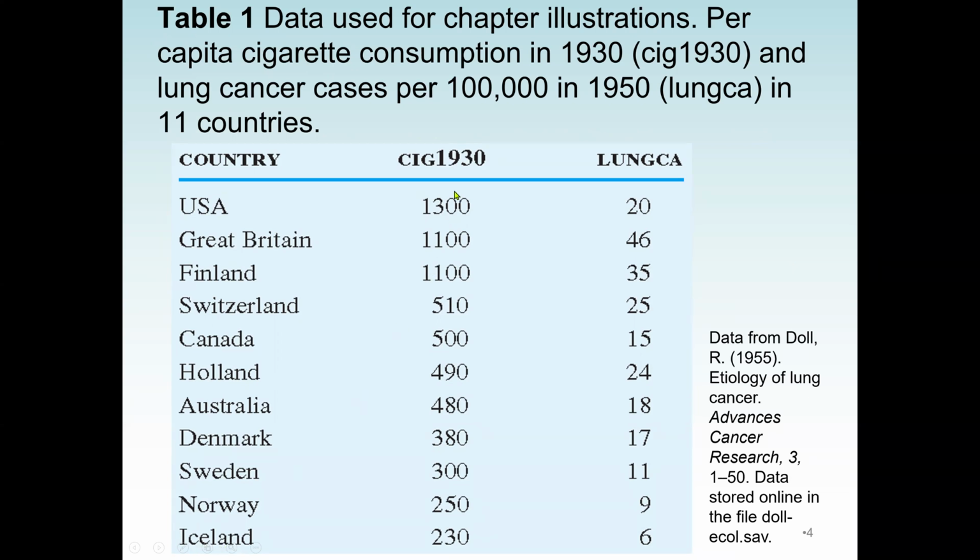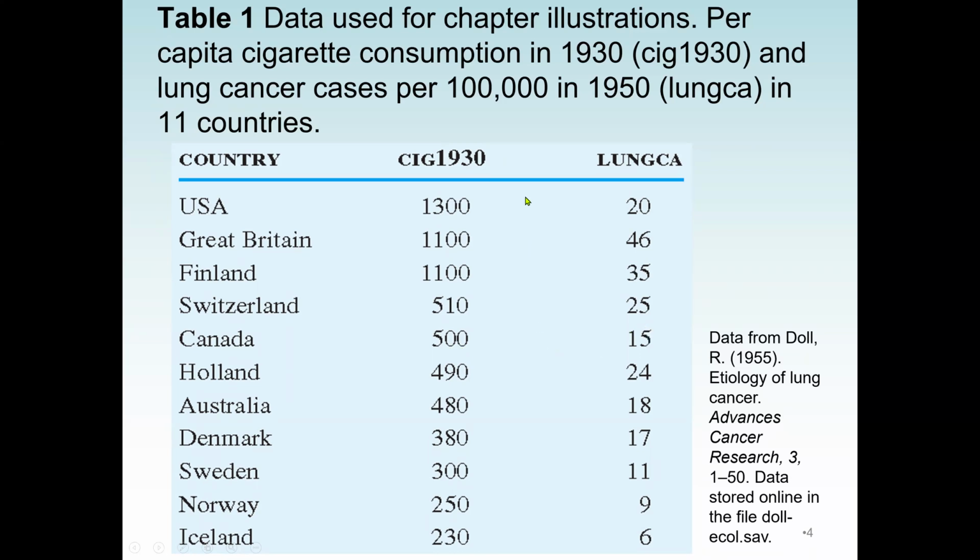So we are going to focus on the cigarette consumption and the number of lung cancers we have. So for example, here in USA, we have 1,300 and the number of lung cancers per 100,000 population is 20. Great Britain 1,146. Let's say Canada 500, and we have 25.